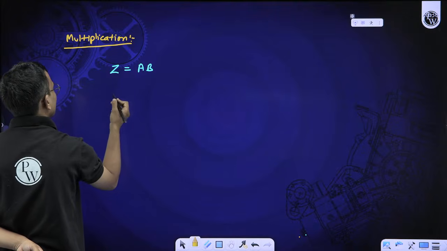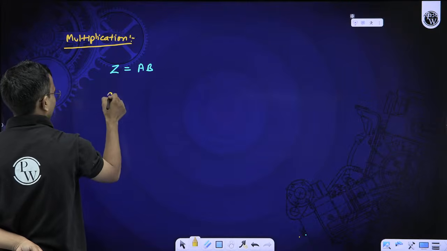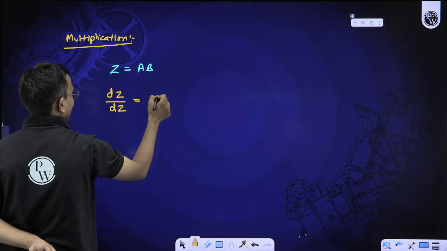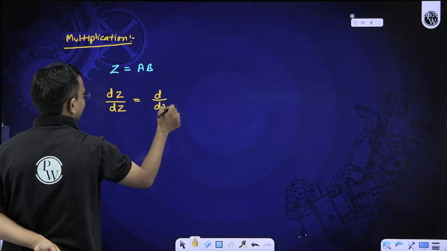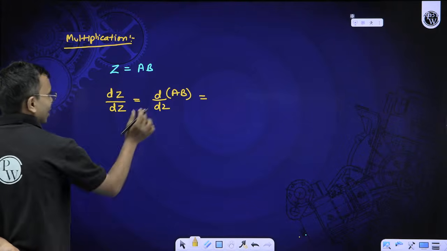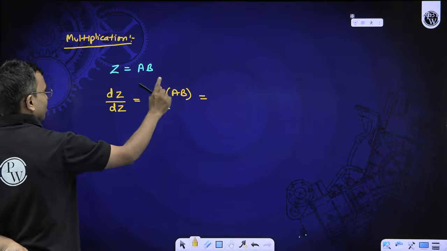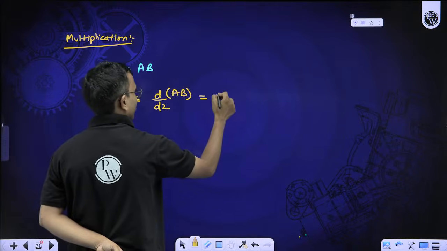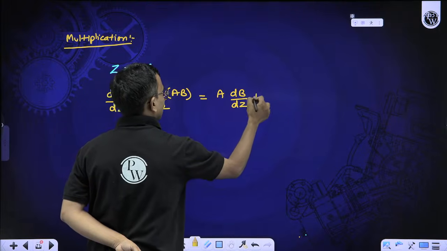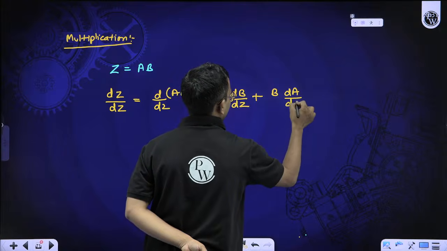Let us differentiate with respect to z. dz by dz is equal to d by dz of a into b. Here you have to apply product rule. First take a out, differentiate b, then take b out, differentiate a. So it will be a db by dz plus b da by dz.